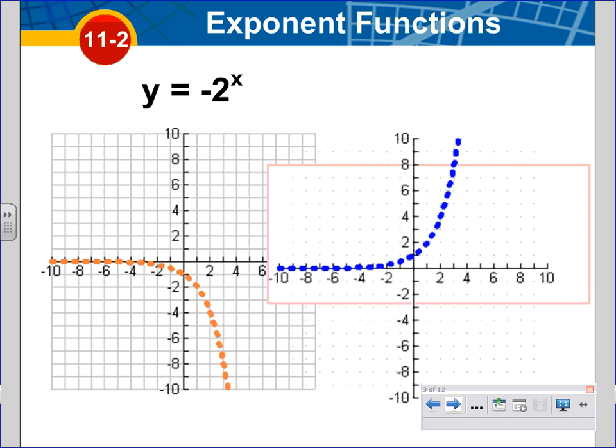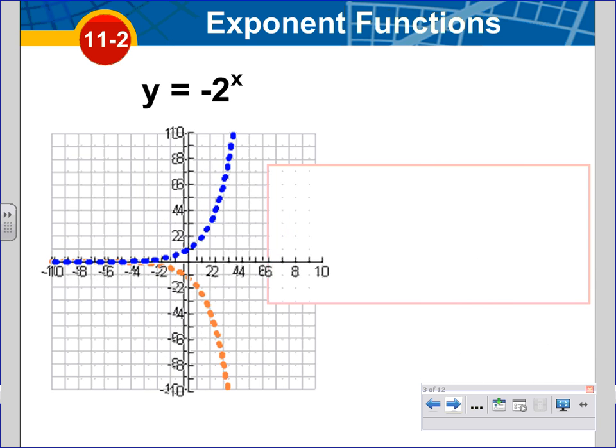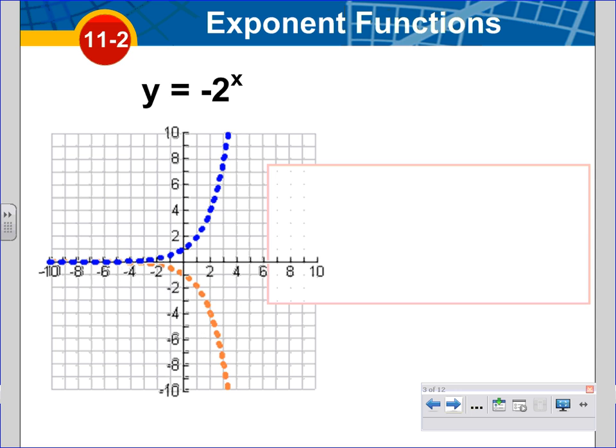So here's my parent graph sliding on top of this guy, and you can see all it does is reflect it over the y-axis, or the x-axis. All right. So my y-intercept here is 1. If I multiply that by -1, I get -1. So that's why it's flipped down.